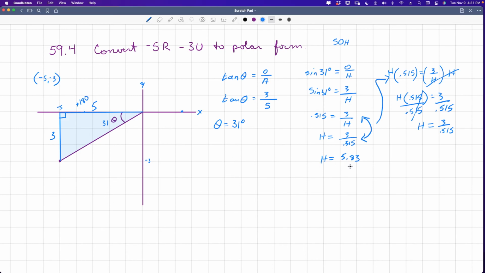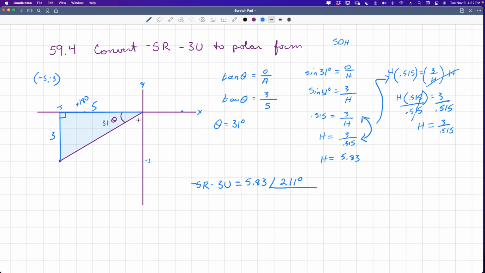So we take this location, this vector, this negative 5r minus 3u, and we set it equal to the vector, or the point length, which is 5.83. And then we put in the 180 already, plus the 31. That's going to be 211 degrees.